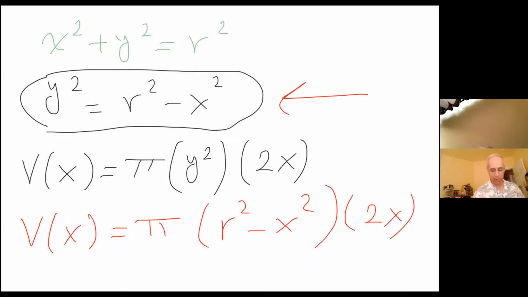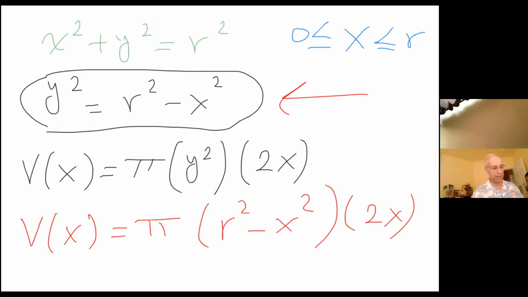And of course, we should remember that x, half the height of our cylinder, can go as small as 0, just make it nothing, and go as big as r. So that's the constraint for this problem.